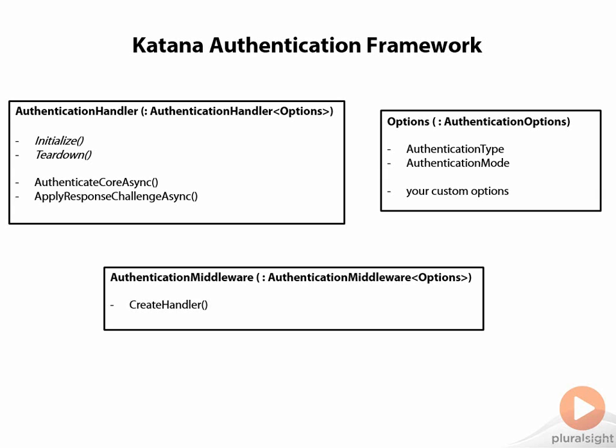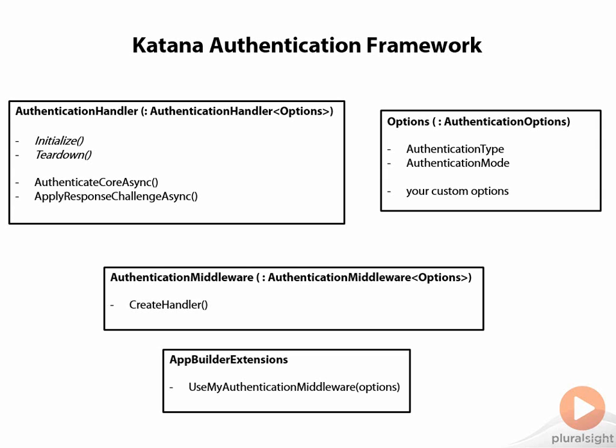So basically what the middleware is doing is it creates that handler per incoming request. And then, and that's optional really, you can also build an extension method so that you get the typical OWIN pattern, that you basically say something like app.use my authentication method or something like that. But as I said, that's optional, but typically you want to do that to give your users a more familiar programming interface.